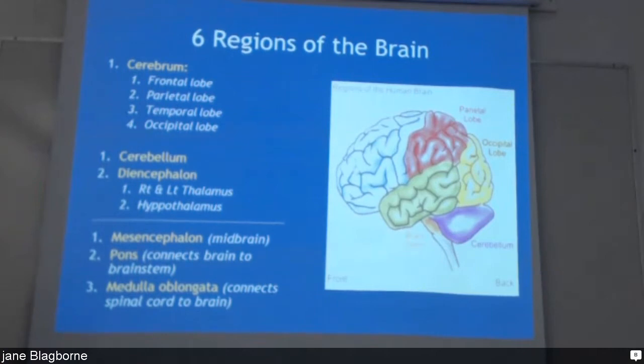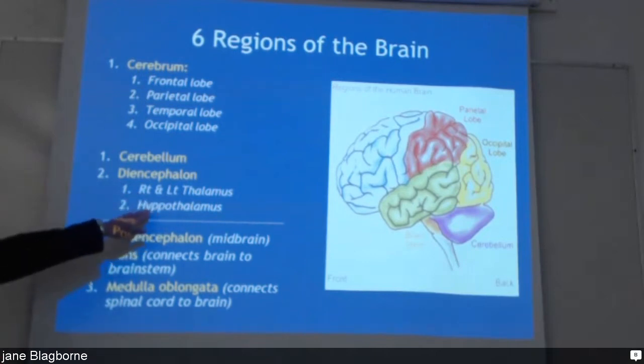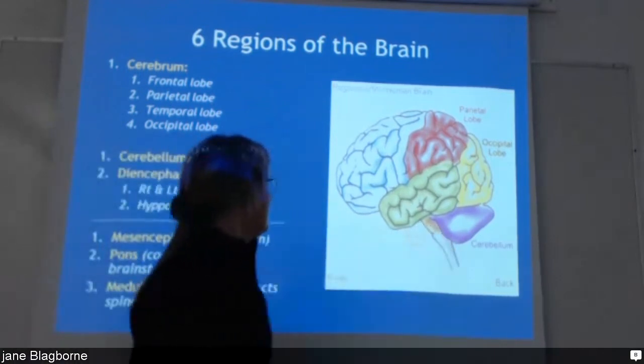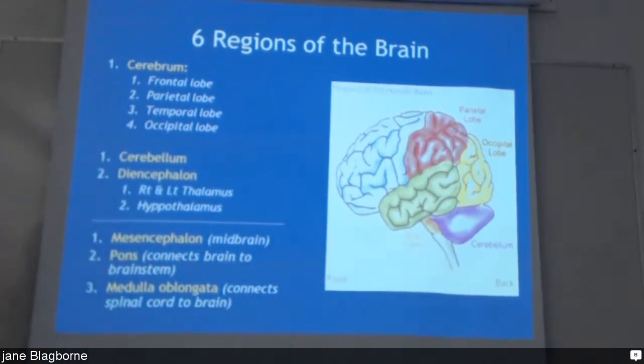The diencephalon, which is inside, you can't see it in that picture, includes the right and left thalamus and the hypothalamus. Then the midbrain, or mesencephalon, the pons, which is right here, connects the brain to the brain stem, and the medulla oblongata also connects the spinal cord to the brain. We're going to talk about all of them.